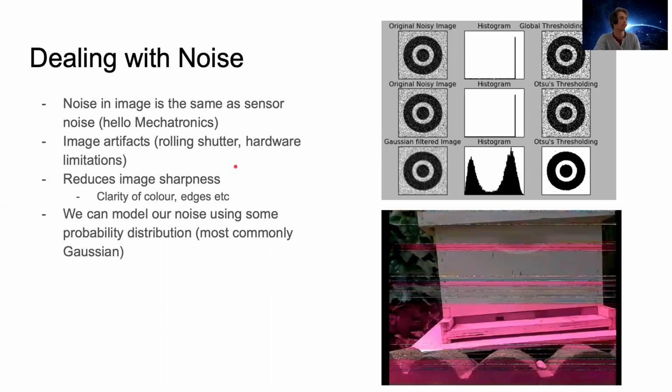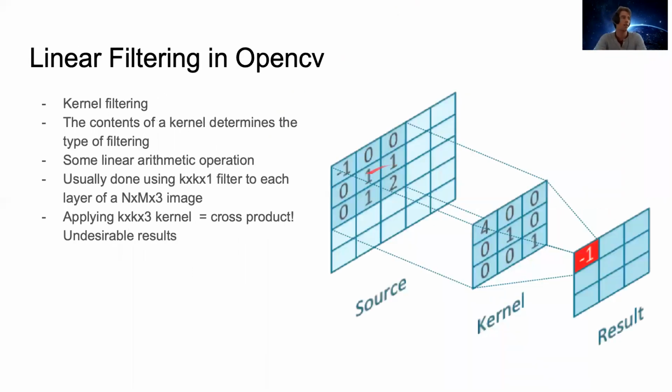So one of the ways we can try and reduce noise on images is by applying what's called linear filters. So basically, you have a kernel, which is a small matrix, usually k by k by 1, so a matrix in one dimension rather than a block, right?